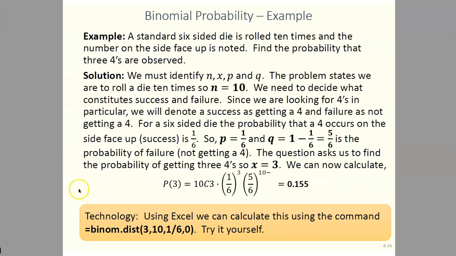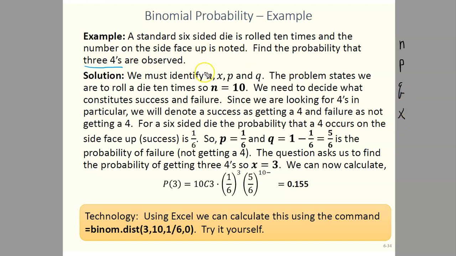Here's another example. For this problem, we roll a 6-sided die 10 times, and we note the number on the side face up. Find the probability that 3 4s are observed. So for this problem we need to identify the n, the p, the q, and the x.